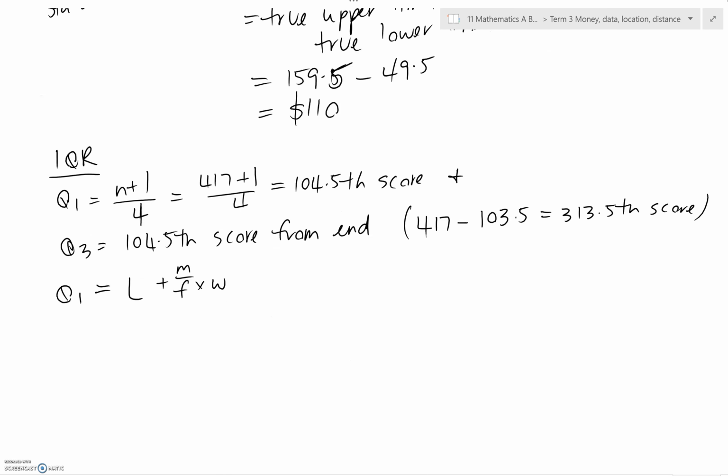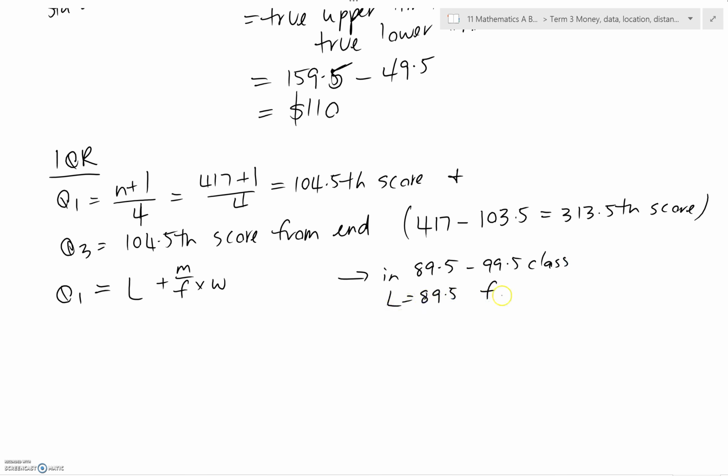So what were these values that we've worked with? L equals the lower value of the range that we want, and it was in the 89.5 to the 99.5 class. So that means L equals 89.5.